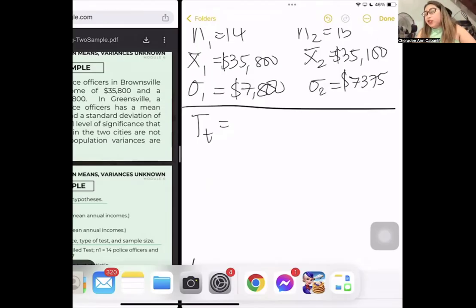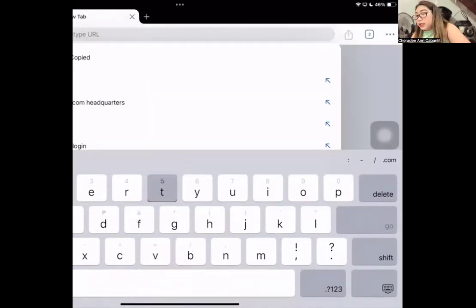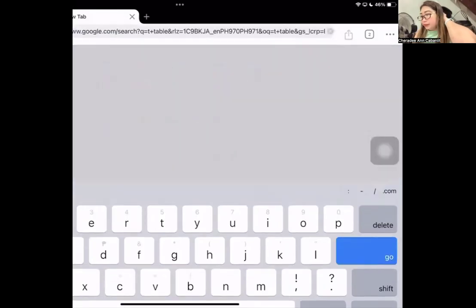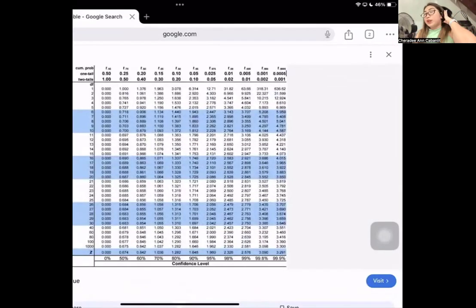Same rule again. The degrees of freedom was 27, right? Let me look for the t table. Okay, we're using this one, right? So 27 at two-tailed 90%. Am I correct?